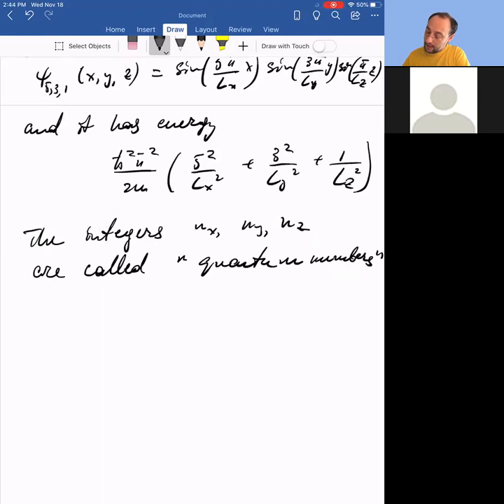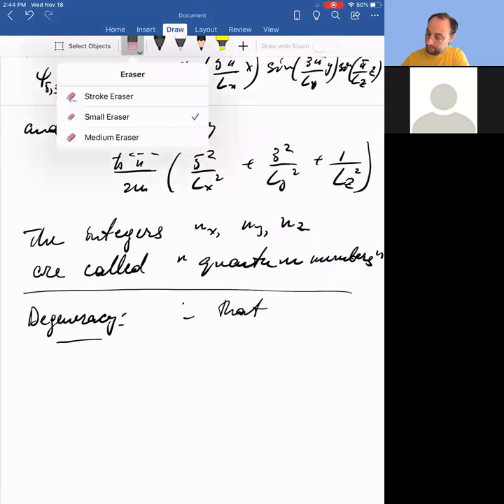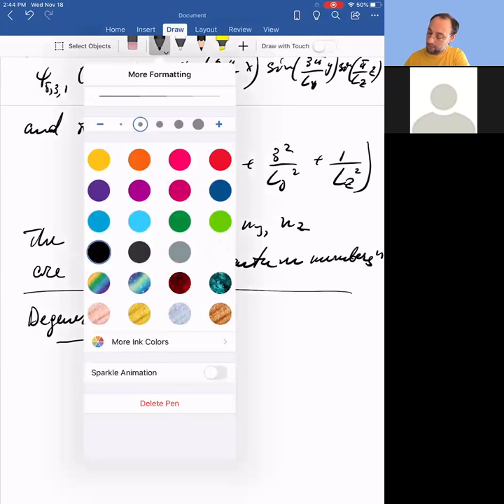The next thing that I should mention is what your book calls degeneracy. Note that you can have the same value of energy for different modes.